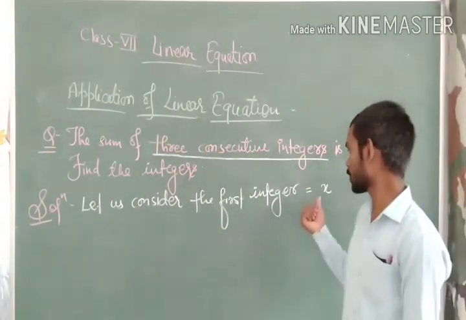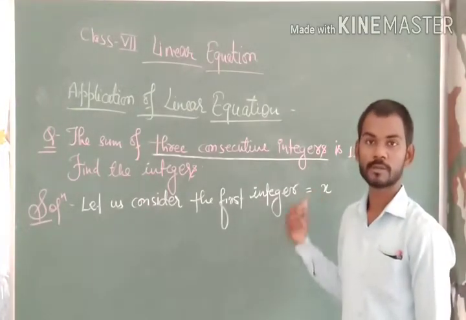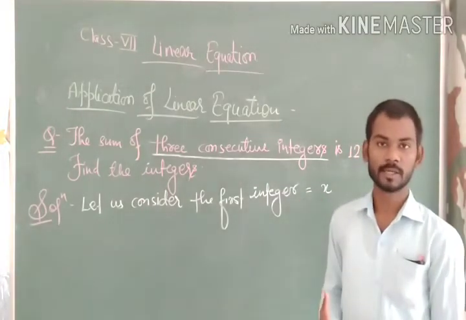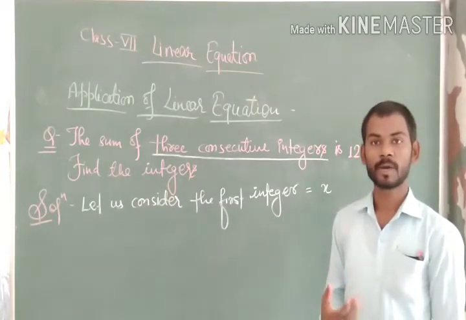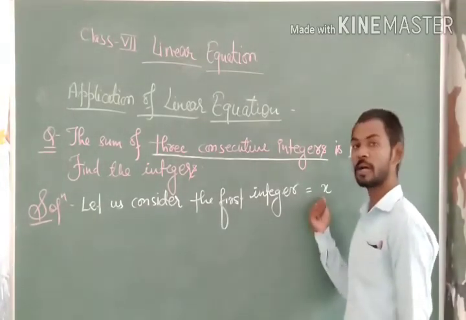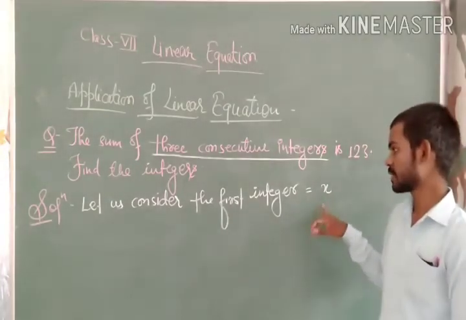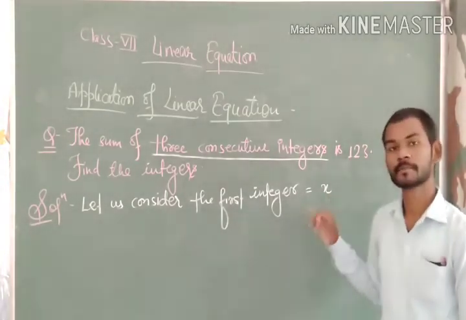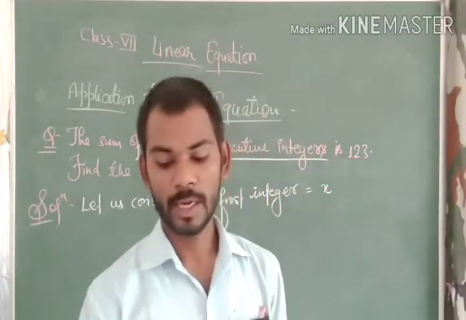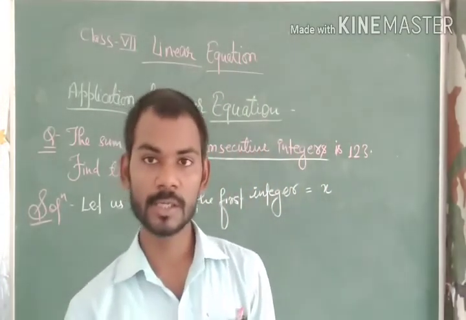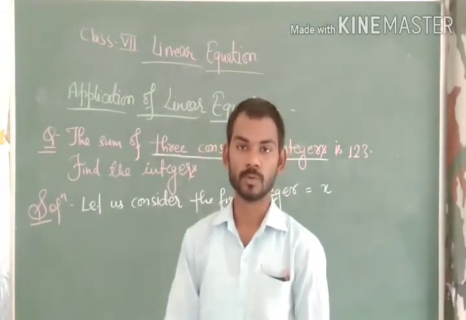Similarly, if the first integer is x, then what is the second integer? The second integer is obtained by adding 1 to the first integer. That is, if the first integer is x, then the second integer is x plus 1, and similarly the third integer is x plus 2.